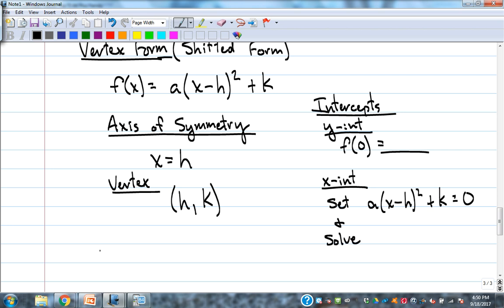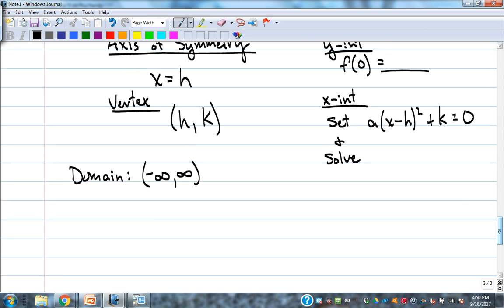All right. Domain. What's the domain of every quadratic? Negative infinity to positive infinity. The range depends on the a value and the vertex.